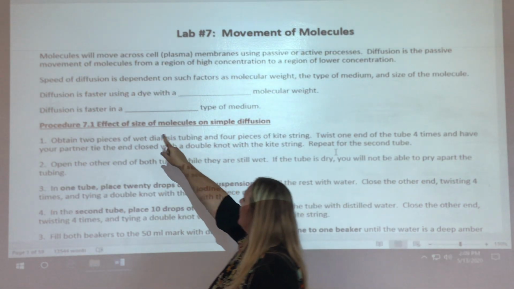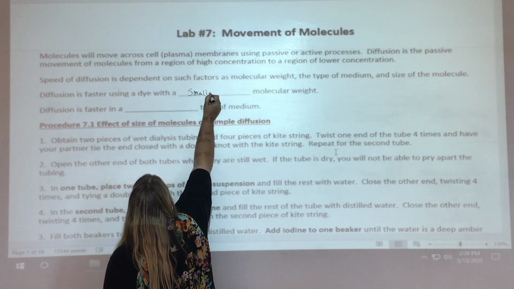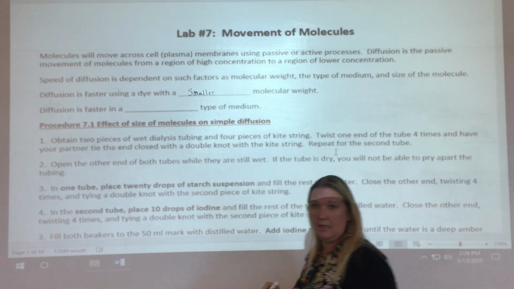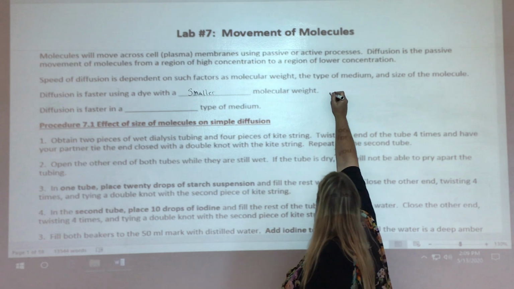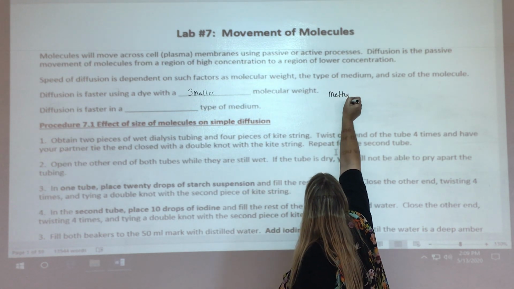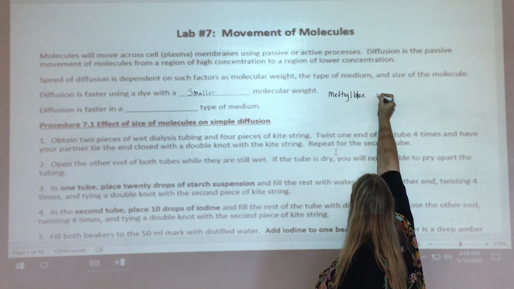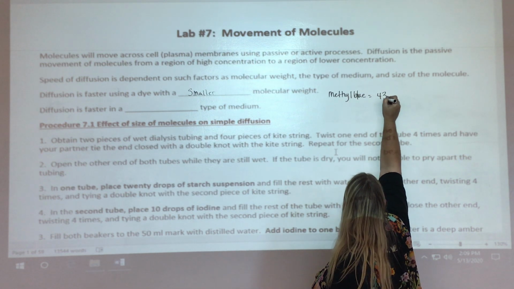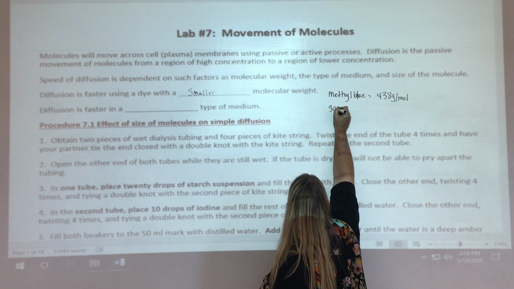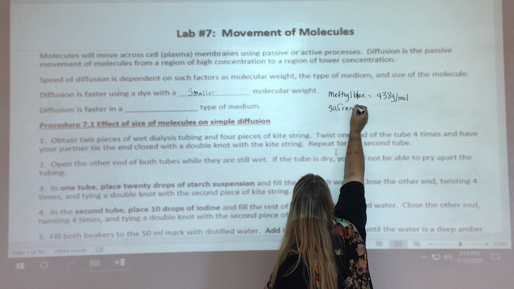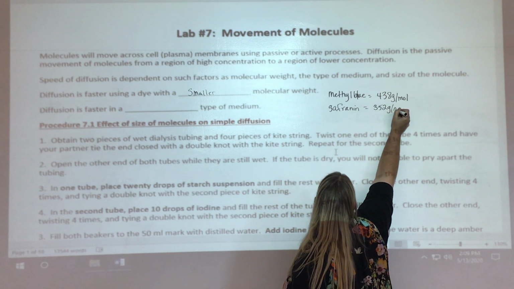Diffusion is faster using a dye with a smaller molecular weight. Methyl blue was 438 grams per mole, and safranin was 352 grams per mole.